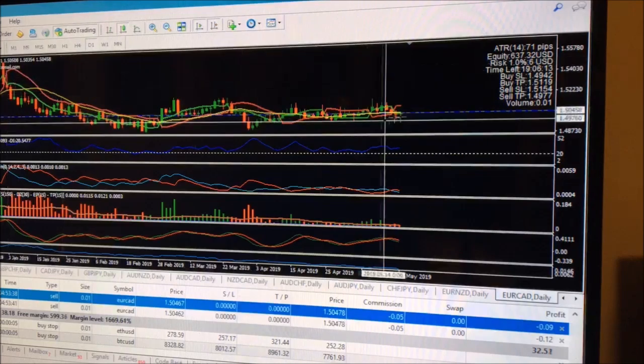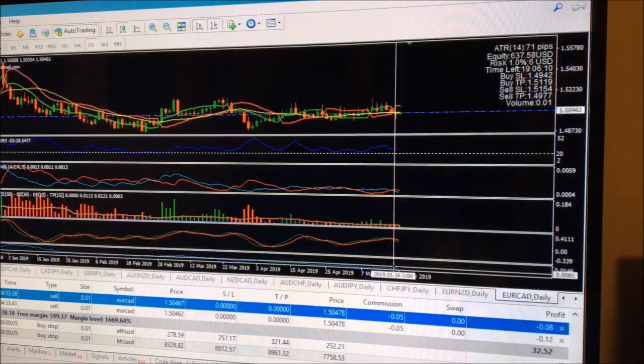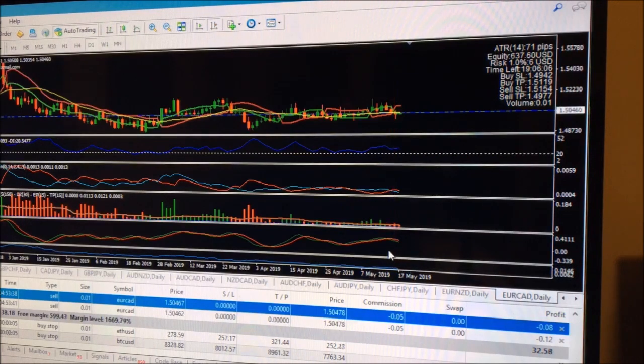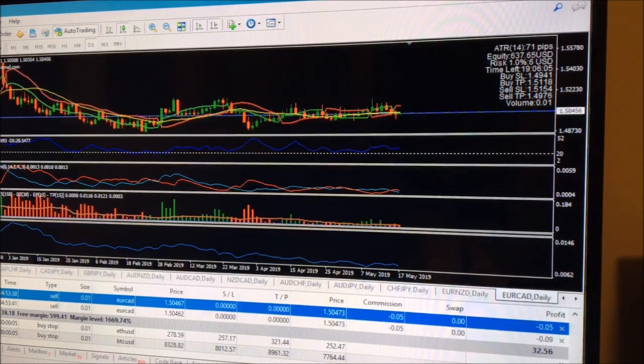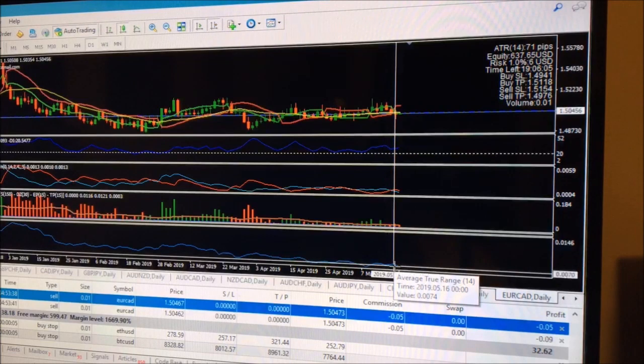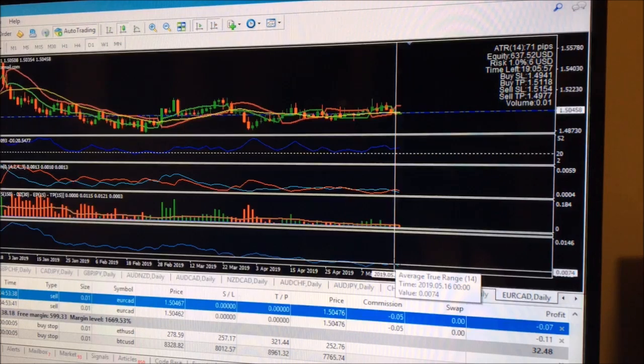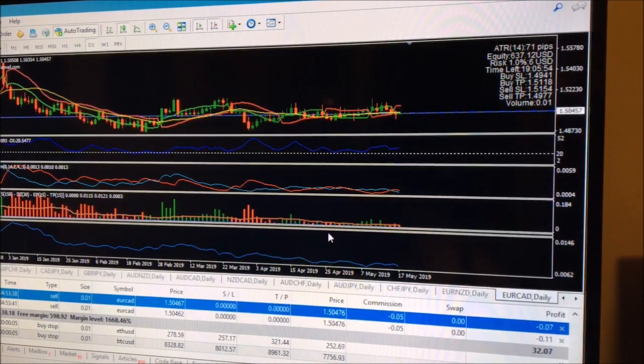So for that, like I said, I use the ATR. So we're going to go down here to the ATR, and let's actually make this easier to see where exactly we were at yesterday, because that's the candle that we're basing all of this off of. We were at 74 pips on the ATR.